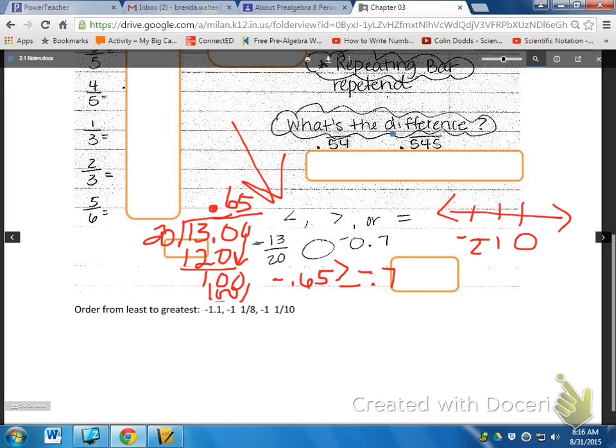So, what is 1/8? 0.125. It is. So, we're comparing negative 1.1 repeating, negative 1.125, and what about negative 1 and 1/10? It would be negative 1 point what? 1. Okay, now be careful. This is in reverse because of negatives.